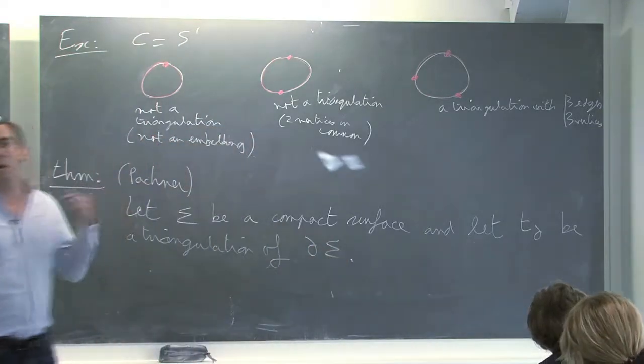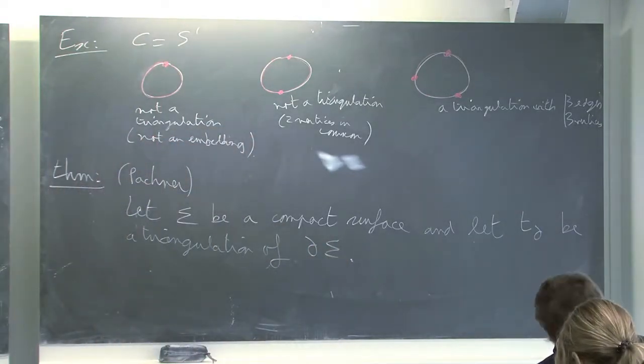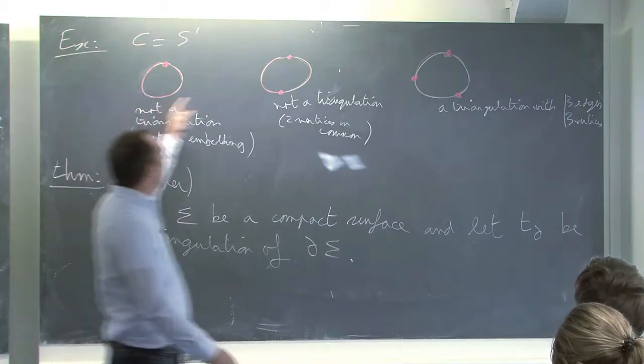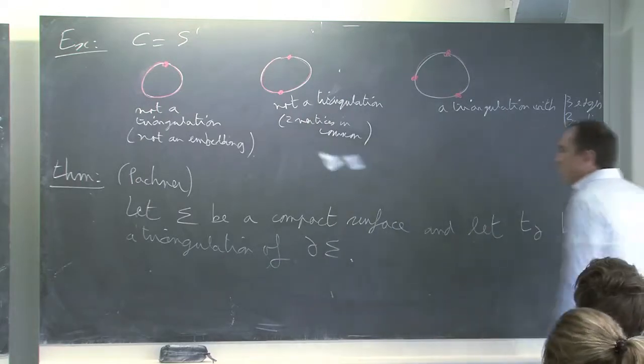The boundary of sigma is a closed one manifold, and so we consider a triangulation and so on.